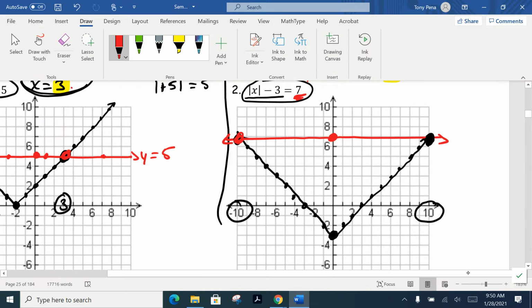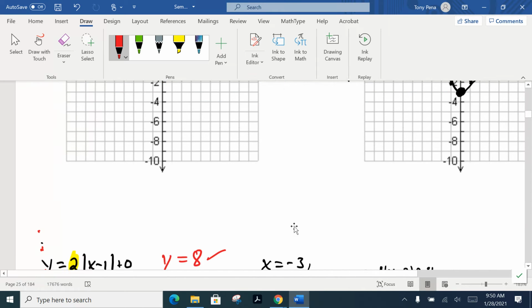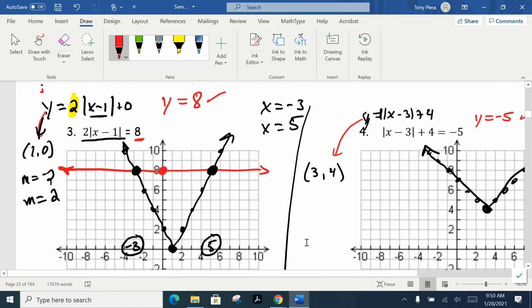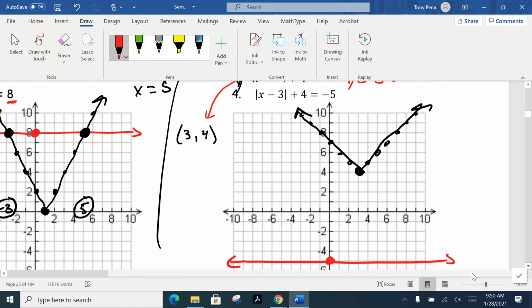The intersections were our answers. Same in number 3, the intersections were our answers. So when we get down to number 4, notice how there are no intersections at all. So if the intersections are the answers to our questions and there are no intersections, just like regular linear equations that you've solved plenty of over the last few years, we can also have absolute value equations that have no solution.